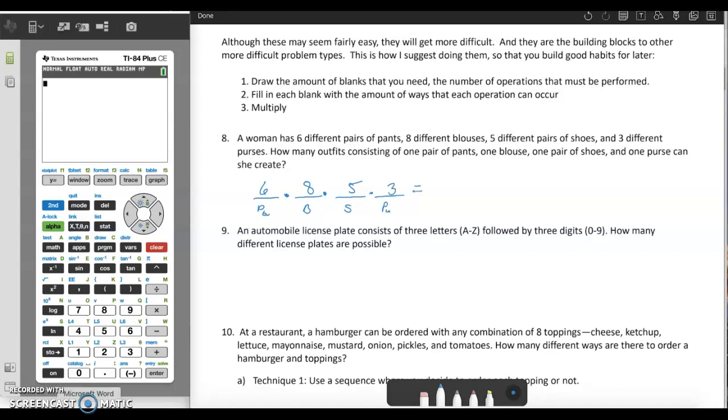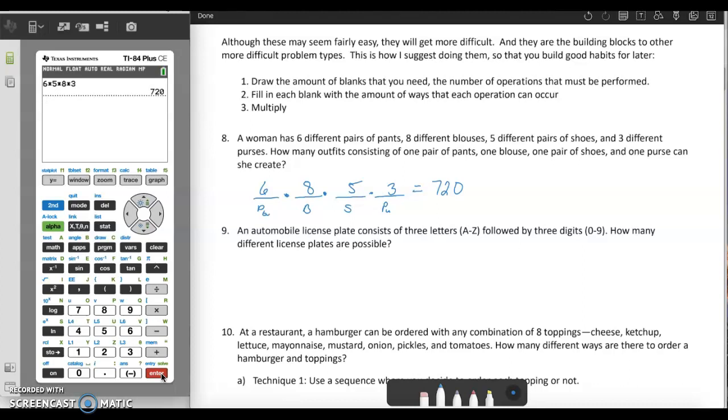So if we multiply that all together, what's 6 times, I did it out of order, 5 times, that's okay, 8 times 3. She could make 720 different outfits by combining those items. So these do get really big, really fast, the answers do.